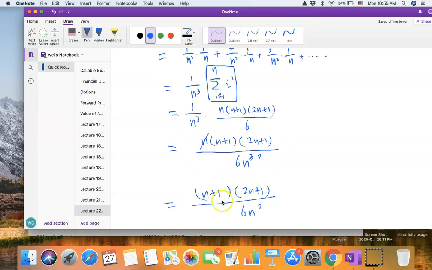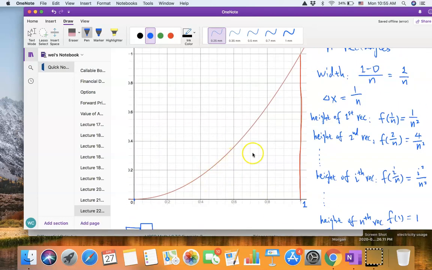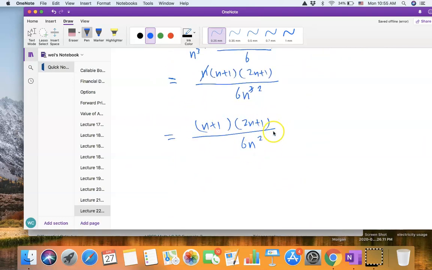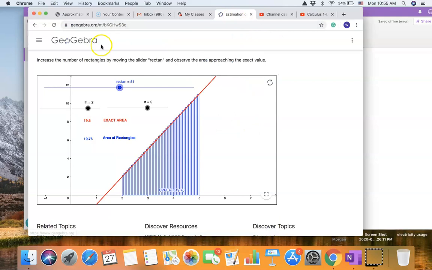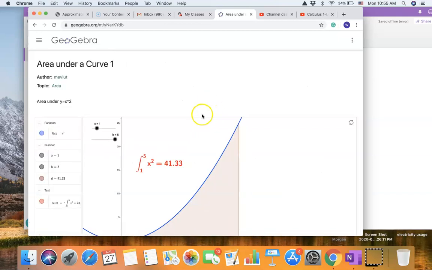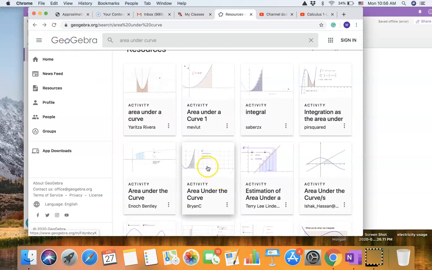So what this formula tells us is if we use n rectangles to approximate this area, the result is going to be equal to this. We can try some numbers.